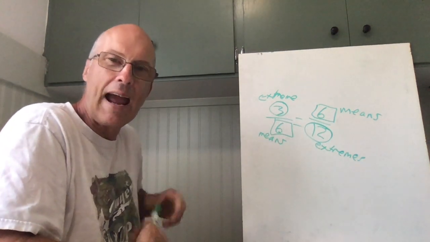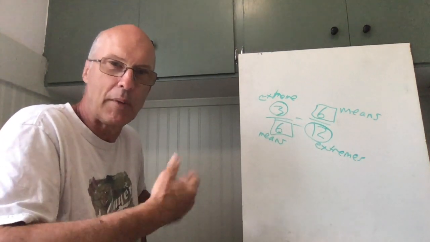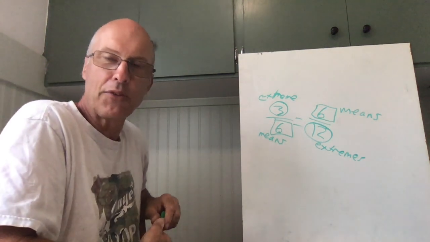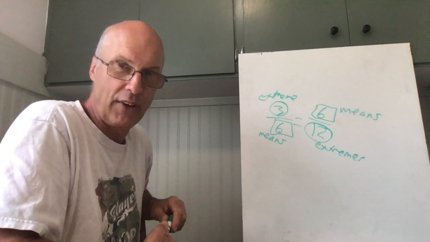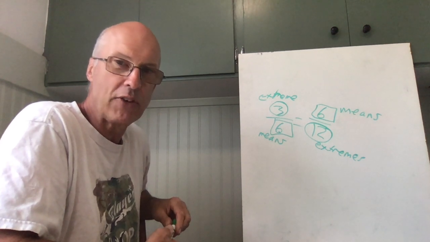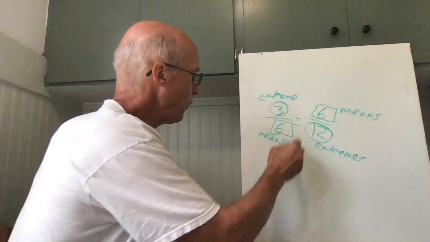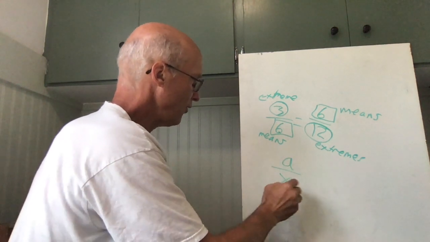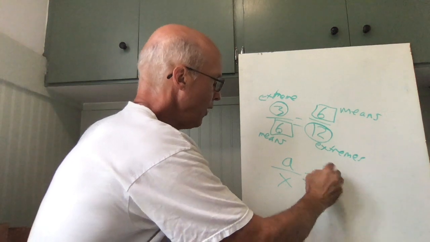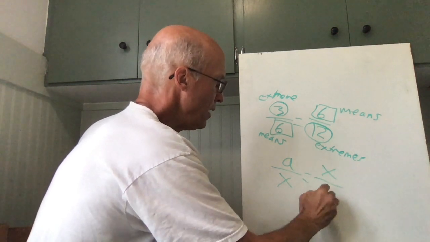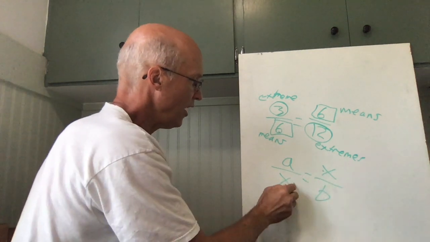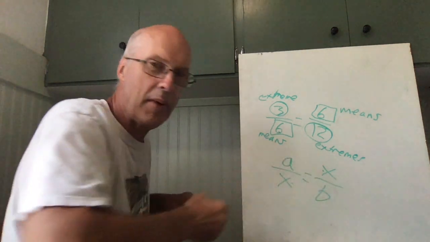It's not the average, because the average of 3 and 12 is not going to be 6. But this is the geometric mean. So if I wrote it like this, A over X equals X over B, it's when this number is the same that's the geometric mean.